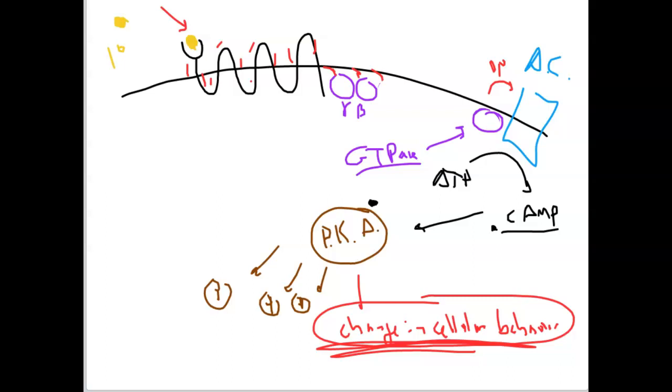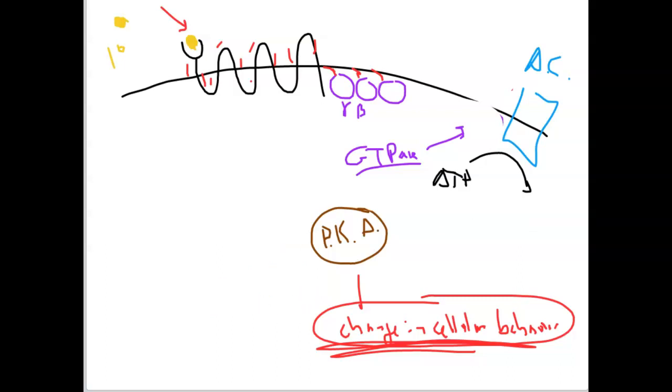That's the inactive form. It will migrate back to its original position and leave adenylate cyclase. That means adenylate cyclase will no longer be on, cyclic AMP will no longer be made, protein kinase A will no longer be active, and the change in cellular behavior will cease.